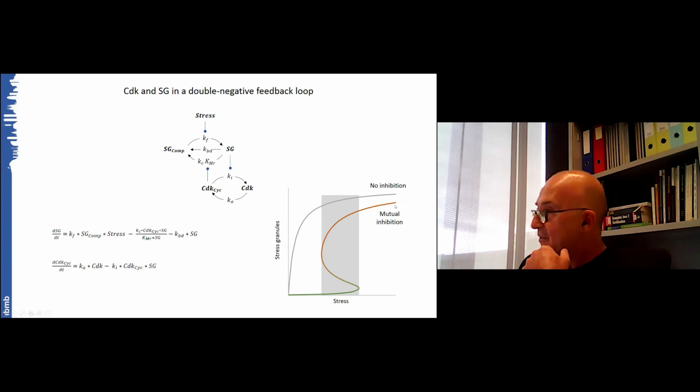And once stress granules have formed, they will not revert easily. The stress will need to decrease very much, so the cell takes the chance to say, okay, the stress is now low enough to revert the whole thing.